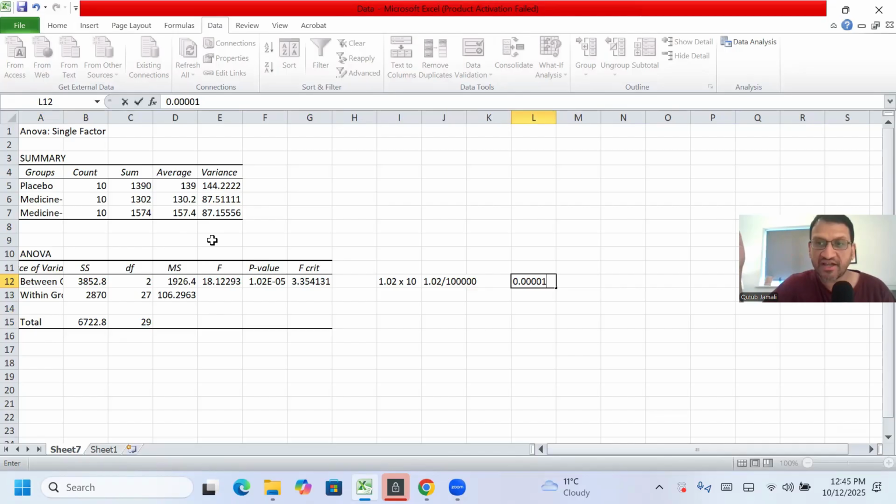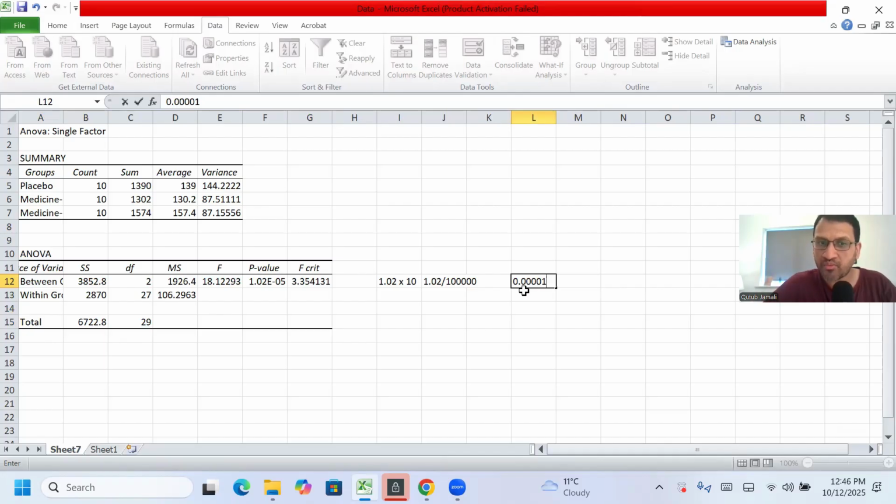However, we have rejected that null hypothesis, and we can say that yes, the mean blood pressure of these three medications is statistically significantly different, where potentially medicine 1 works well for blood pressure, because the mean blood pressure is lower and within the normal range compared to medicine 2, where the blood pressure still remains uncontrolled despite the use of medicine 2. So medicine 1 is potentially more effective than medicine 2 and also more effective than placebo. However, not only is it effective, it is statistically significant as well, right?